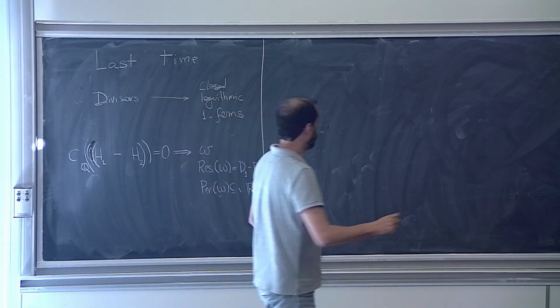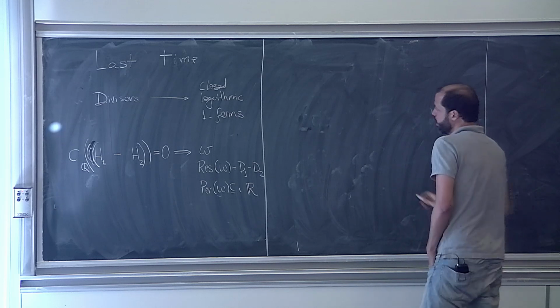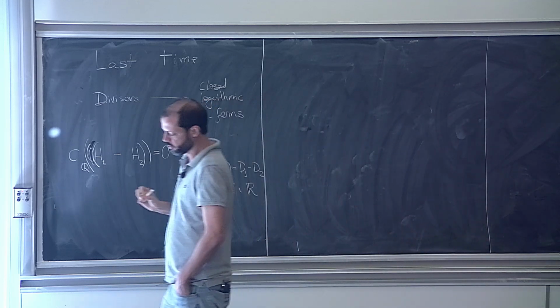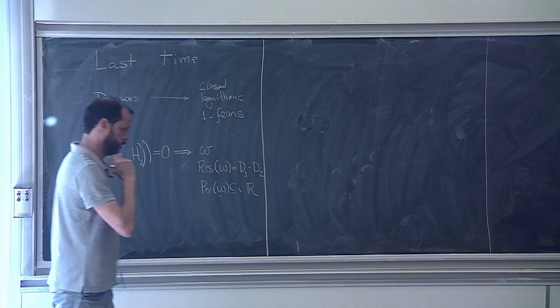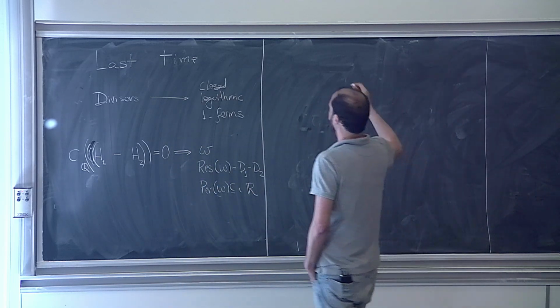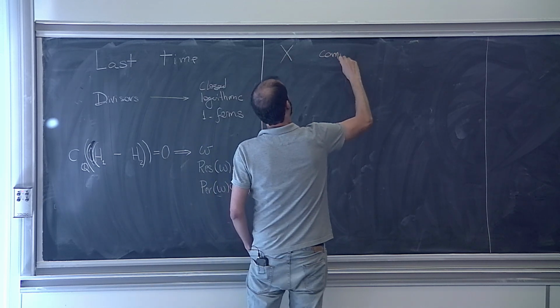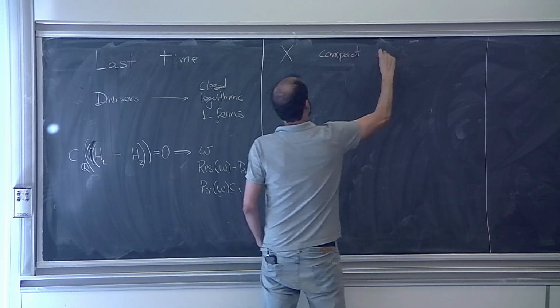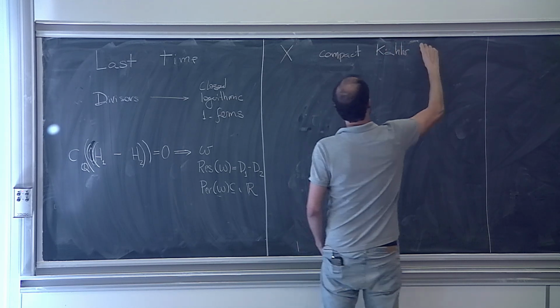Perhaps I was too fast when I did this construction. Let me just repeat it in perhaps more concrete terms so that we don't get lost in what follows. So let's say that I have here X, my compact Kähler manifold.